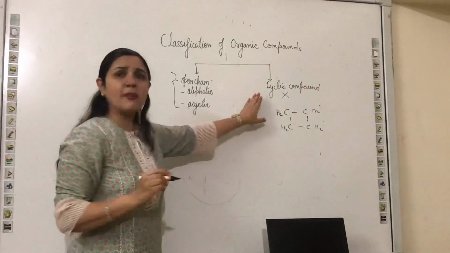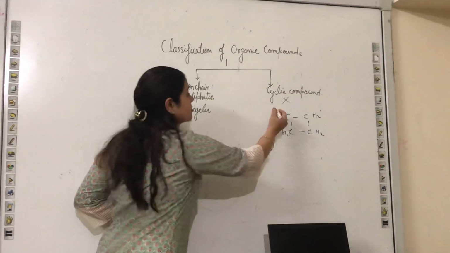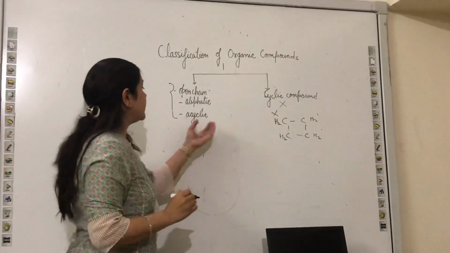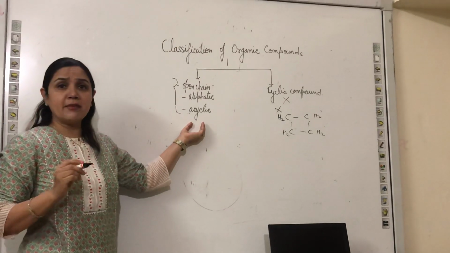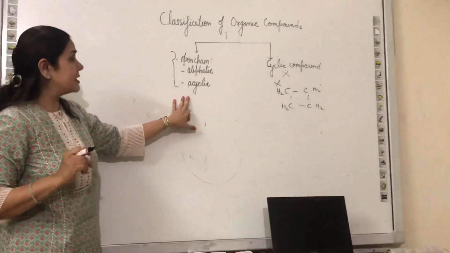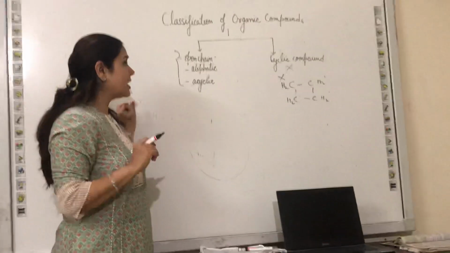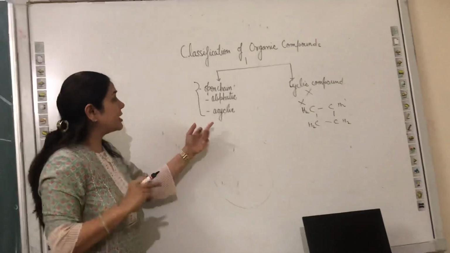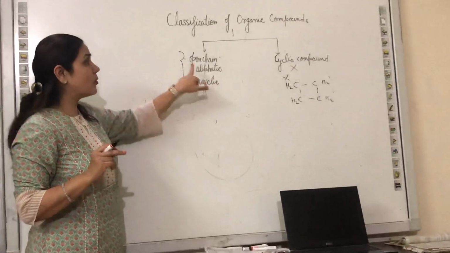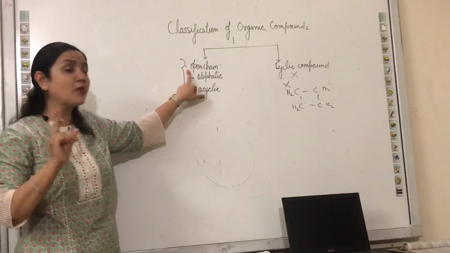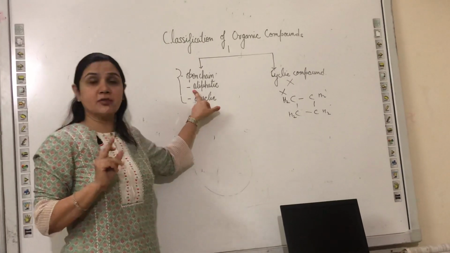But cyclic compounds are not in your syllabus. Only the acyclic compound, as the name indicates, that means it has the tendency to form acyclic compounds. The other name of acyclic compounds is open chain compounds, and one more name is aliphatic compounds.